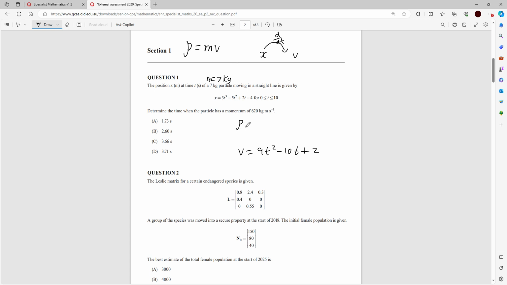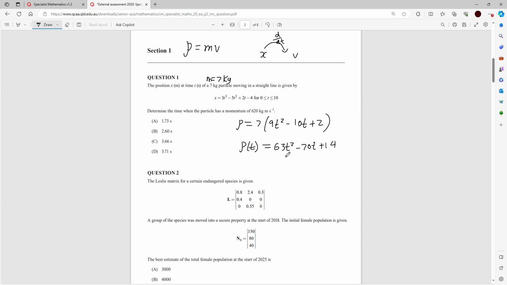So momentum is going to be 7 times 9t squared minus 10t plus 2. Then you're going to distribute the 7. So momentum is a function of time: 7 times 9 is 63t squared minus 70t plus 14.